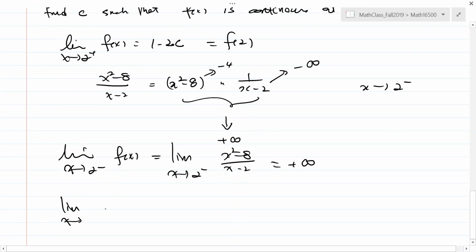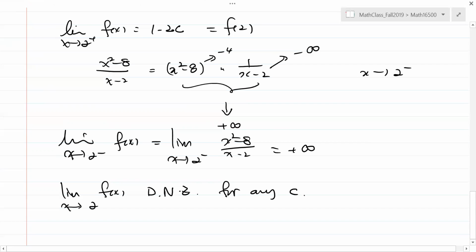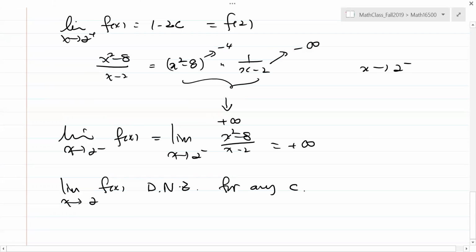This one does not exist for any value of c. Okay, because one side limit, 1 minus 2c, is finite, the other side is positive infinity. It's broken. The graph is always broken. So the limit, of course, is not going to be the value function.